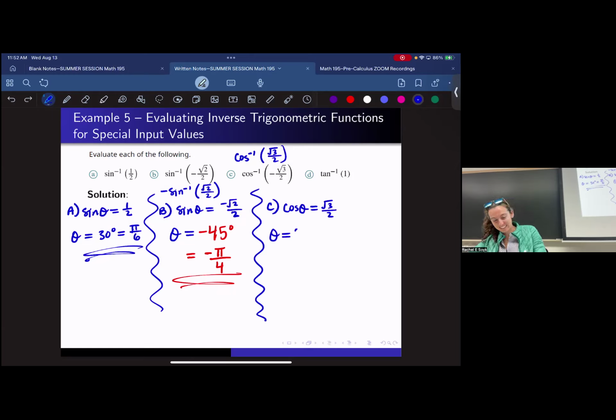Yeah, good. Also known as pi over 6. And then last but not least, we have tan inverse of 1. So tan of what angle gives you 1? And we already solved this earlier. 45 degrees, also known as pi over 4.